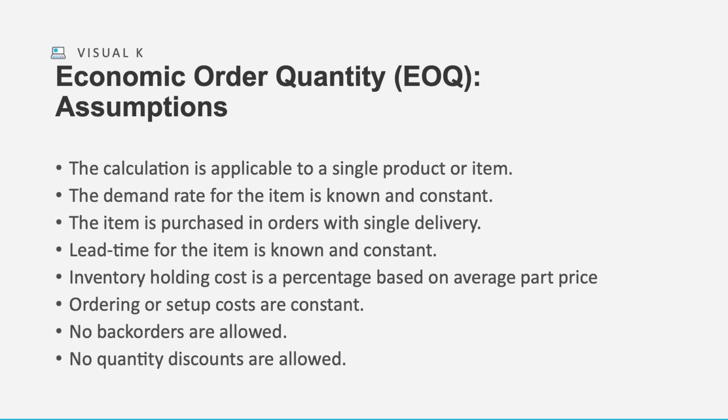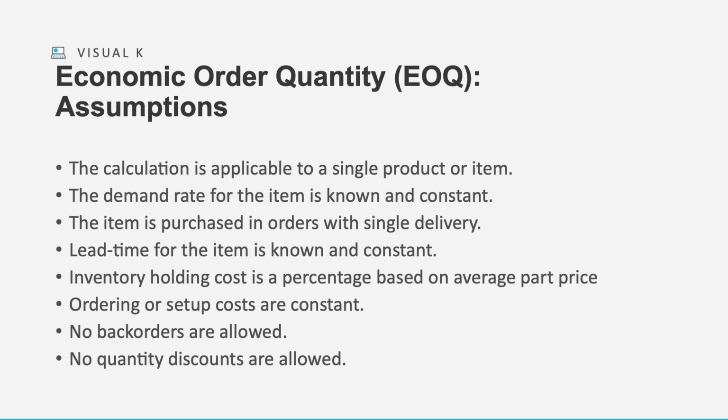The item is purchased in orders in a single delivery, right? So it's nothing that you back order and have some orders coming in as you typically are looking for them, right? And expecting them in the system. It looks at the lead time, which has to be known and constant. That's something very specific about it.